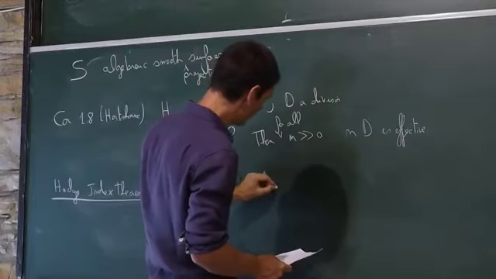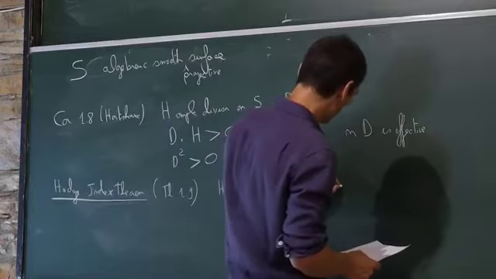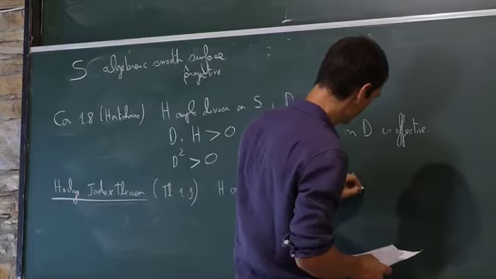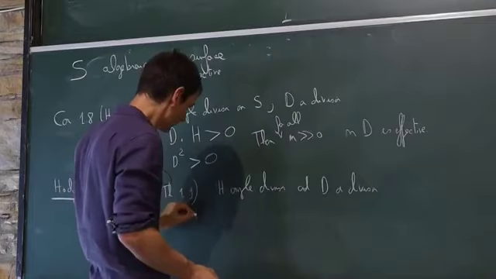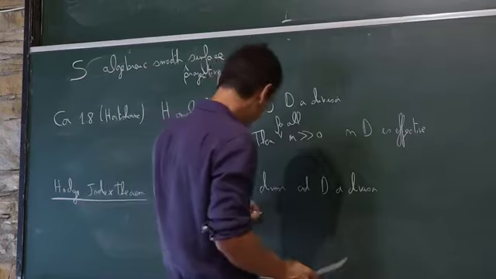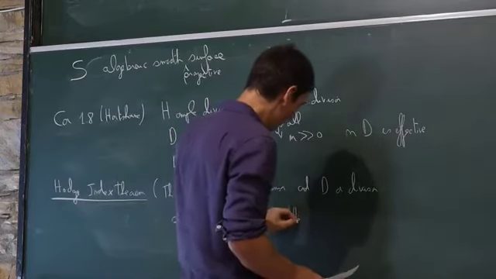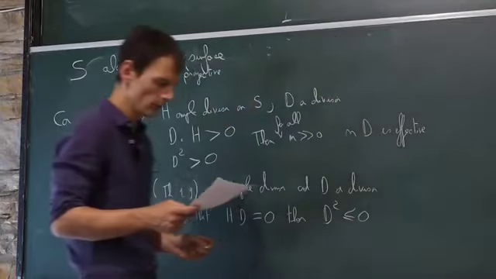So H is an ample divisor, and D is a divisor such that H times D is 0. Then the self-intersection of D is non-positive.